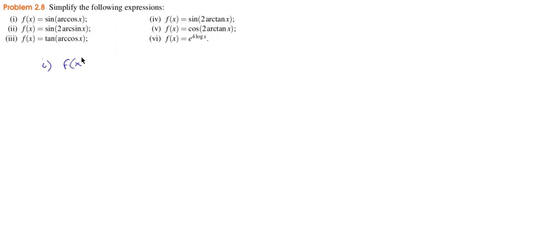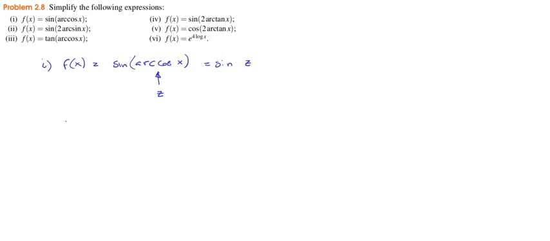F of x is the sine of the arc cosine of x. So how do we simplify this? The idea here is, let's call this thing z. So now this is the sine of z. And the way to simplify this is to write the sine in terms of the cosine.